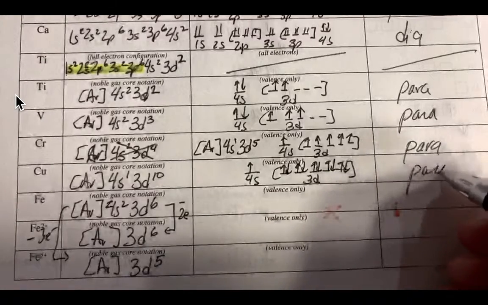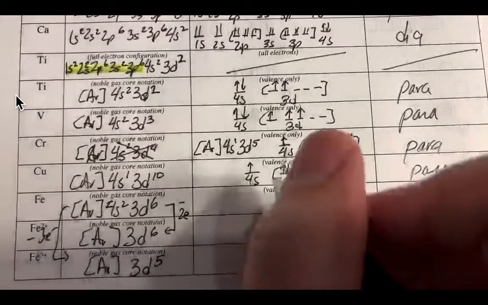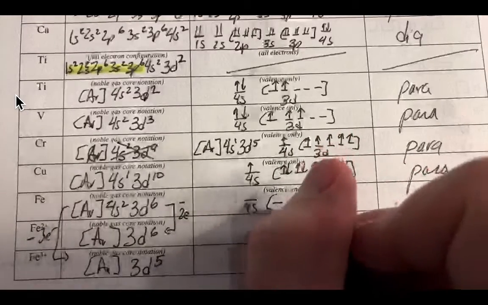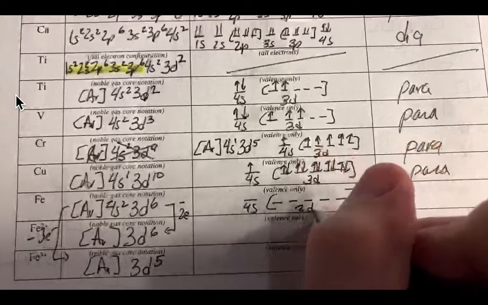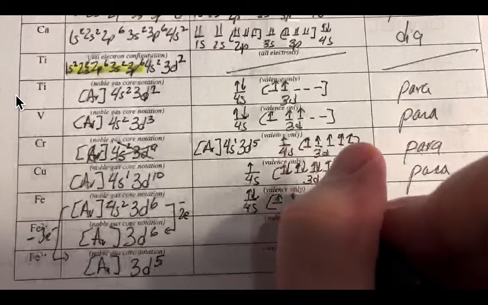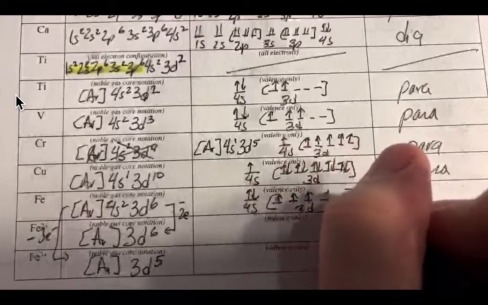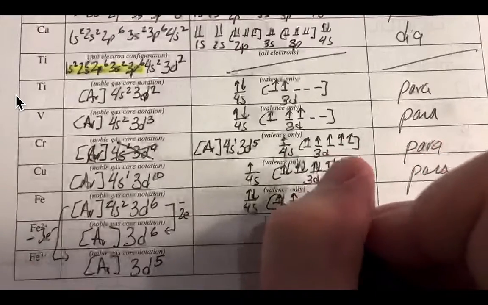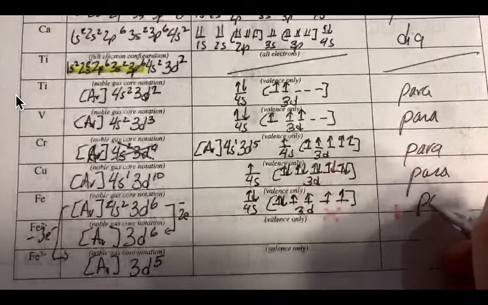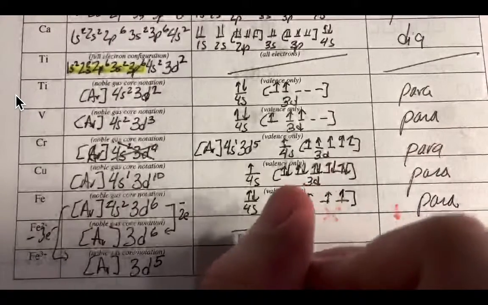And so an unpaired electron anywhere makes it paramagnetic. Here's iron. Okay, there's iron 0. I've got 4 unpaired electrons, so it's most definitely paramagnetic.